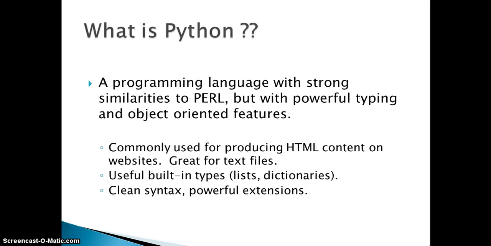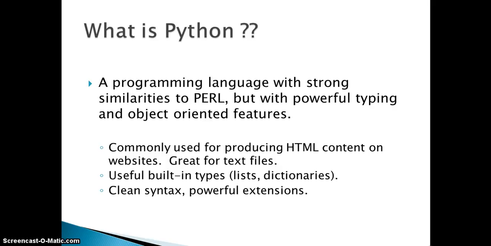Python is a high level programming language which is almost similar to Perl, but with powerful typing and object oriented features which are more robust than Perl. It's mostly used for HTML content while developing websites.